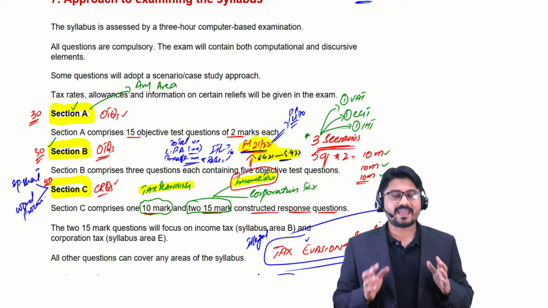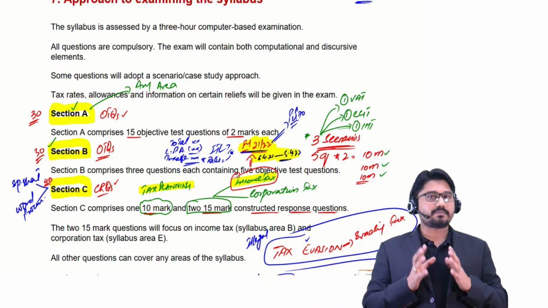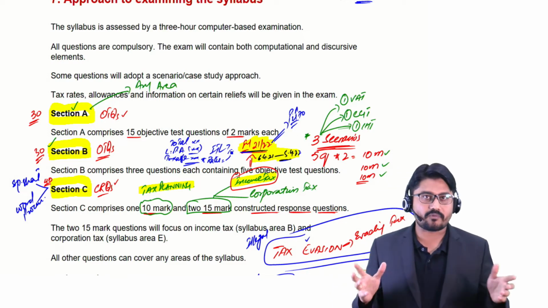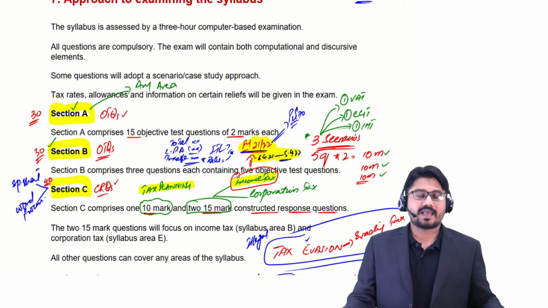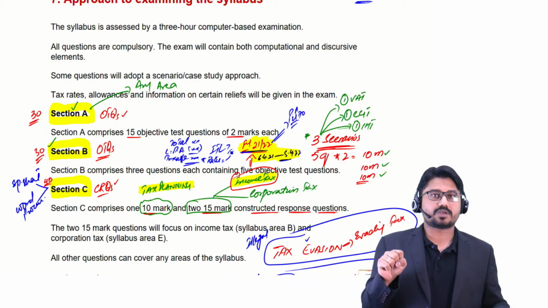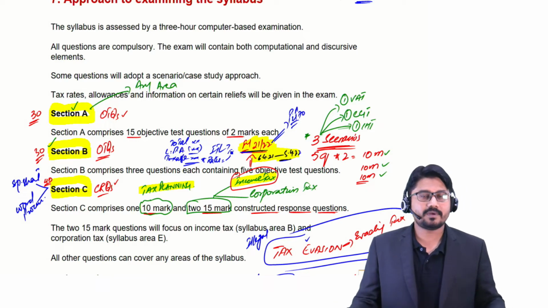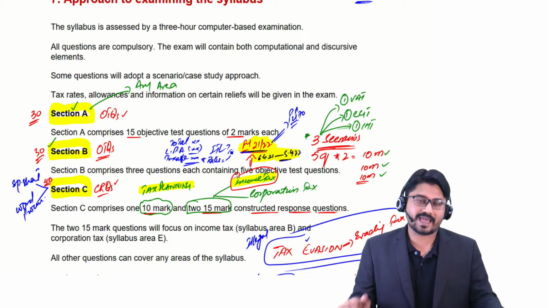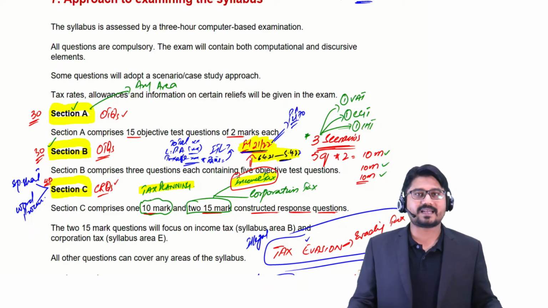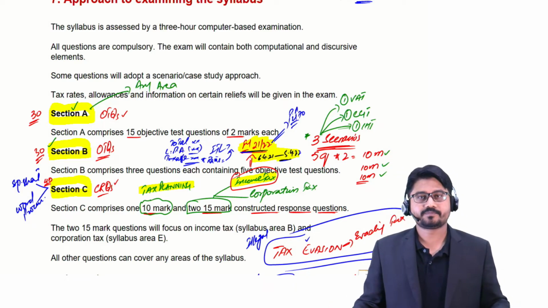So what exactly is the main theme of studying income taxes? Let me conclude. Income taxes means the taxation of individual persons. For calculating the income tax liability of a person, take the sum of the sources of income, find the total income, then deduct the personal allowance, calculate the taxable income, and on that taxable income, simply apply the tax rates to find the income tax liability.